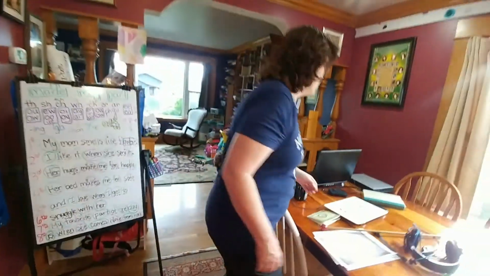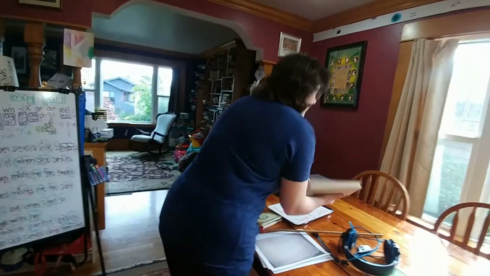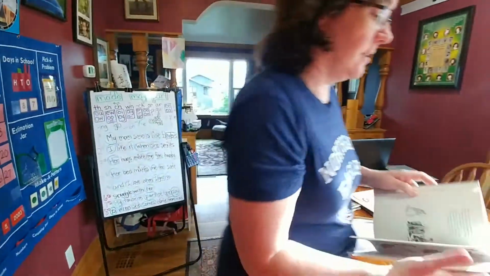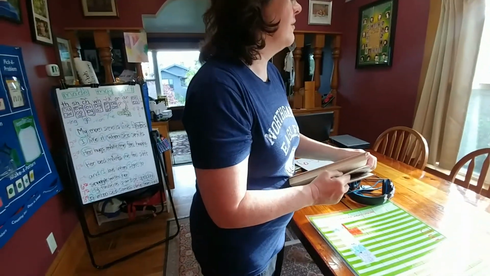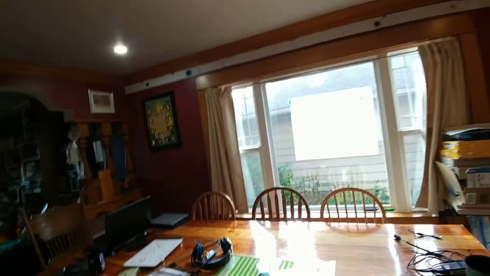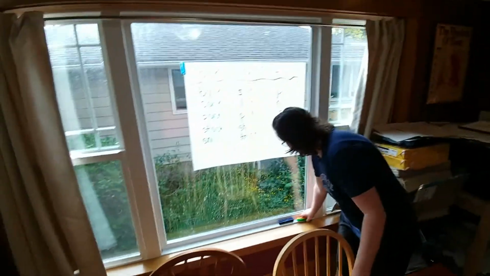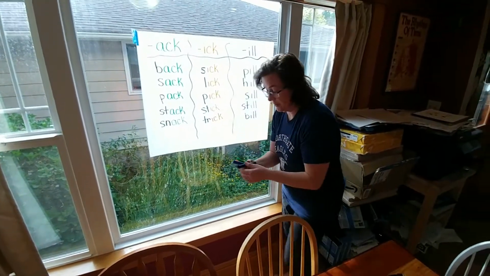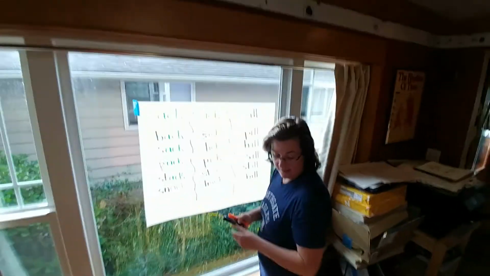The first thing I want to do is finish our chart for our word endings here. We have ack, ick, ill. And nobody sent me in stuff. So I'm going to write a couple that actually my husband helped me come up with. So the first one is tack.